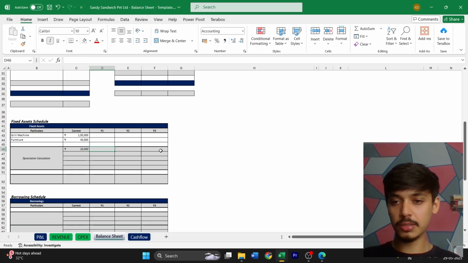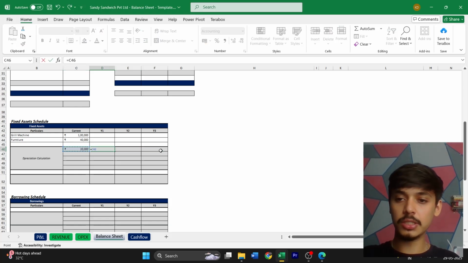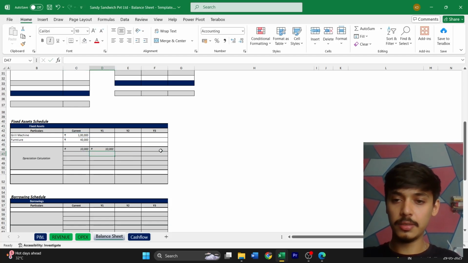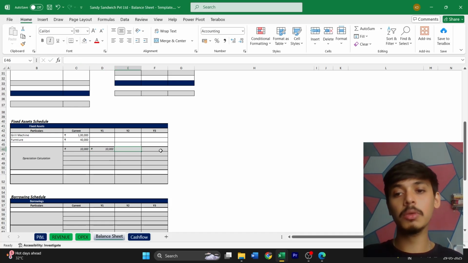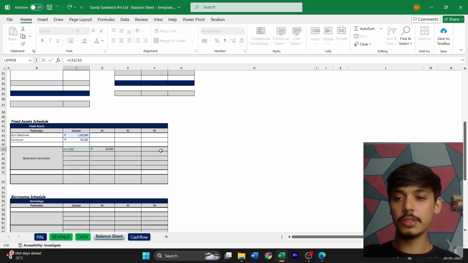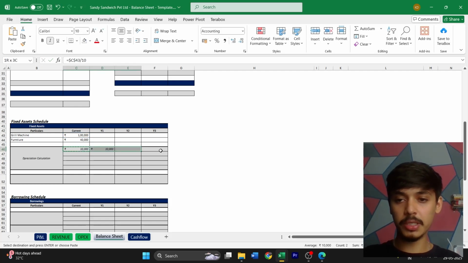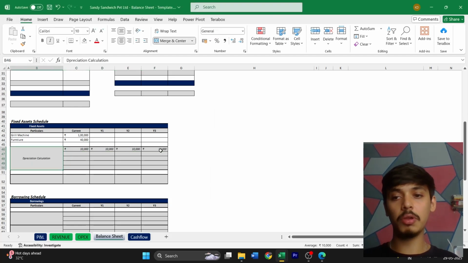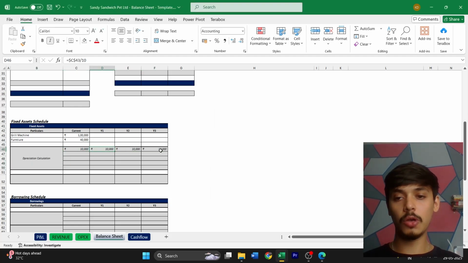So in year 1 we depreciate by 10,000, in year 2 also the same. So rather than doing it manually, we will fix this cell using F4 and then copy paste this entire formula. So now we have 10,000 for every year.